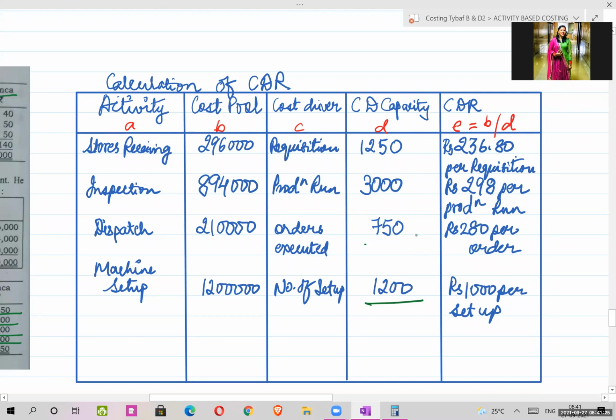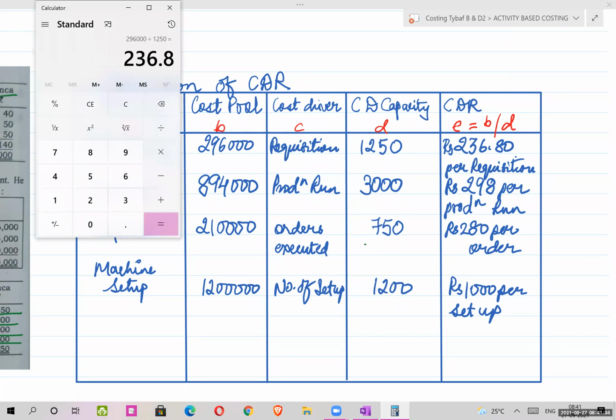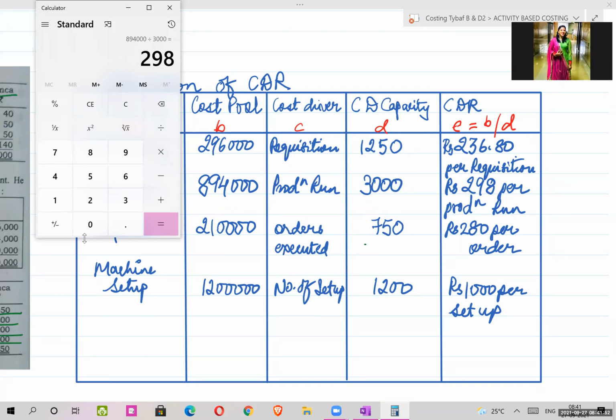Then calculate your cost driver rate. 2,96,000 divided by 1250 is 236.8 per requisition. Next, 8,94,000 divided by 3,000. So 298 per production run, because the cost driver is production run.